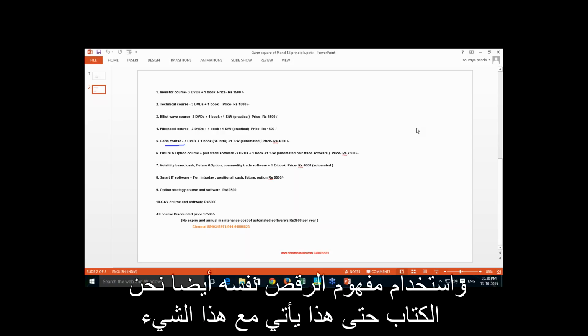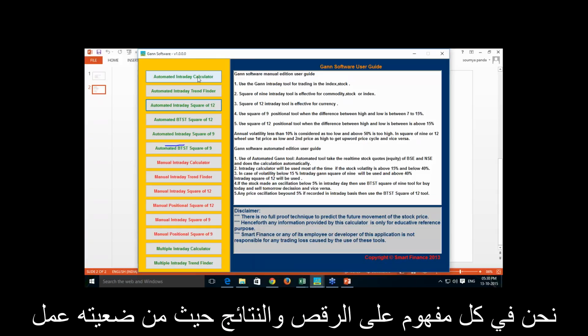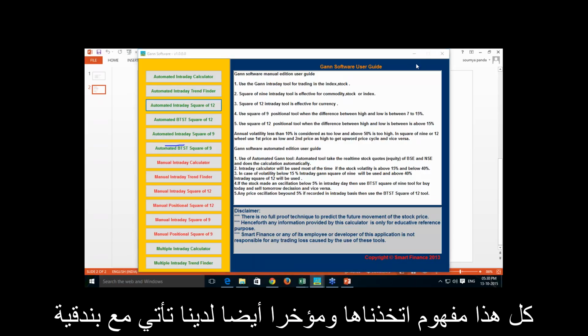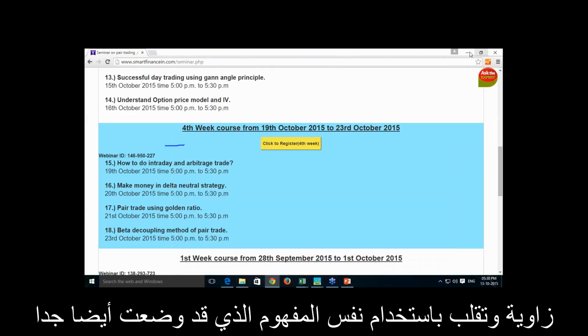Using the same Gann concepts we have also devised a good software wherein all of Gann's concepts of trend finding, square of 9, square of 12 are taken. And recently we have come up with Gann angle and volatility.